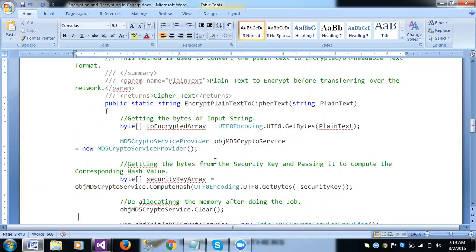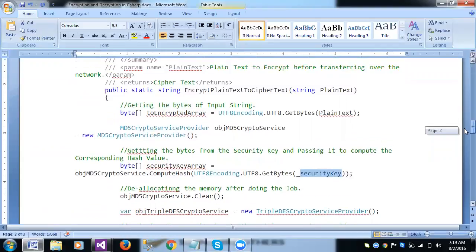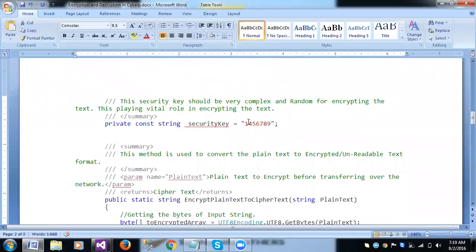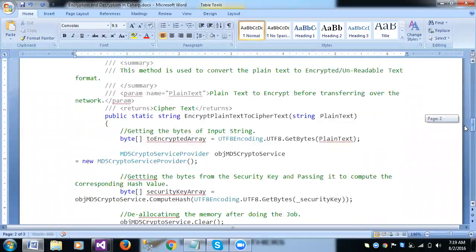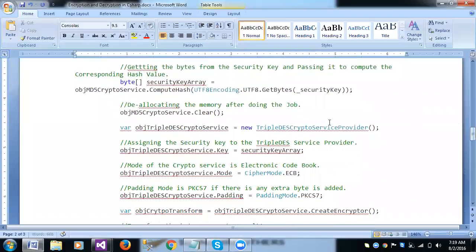So now what we are going to do: whatever security key we created above, this security key is converted again into bytes. Whatever you want to protect your passwords under, you have to give any number. So this is the security key. First the plain text is converted to bytes, next the security key is also converted to bytes. Now we deallocate the memory.